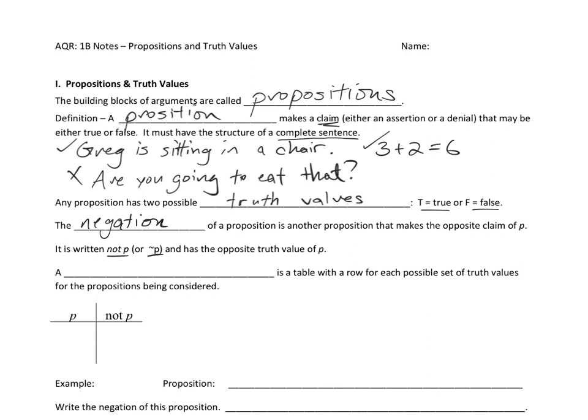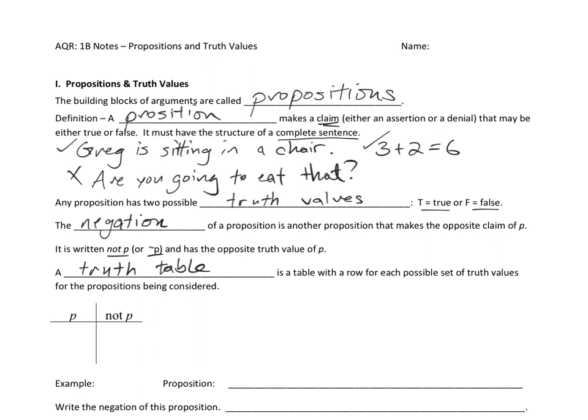So what we can use is a truth table to show each possible set of truth values for the propositions being considered. If you look down here at this truth table, it's basically like a t-table, and ones that we will look at later will be like an extended t-table or t-chart. We're only going to put truth values in here.